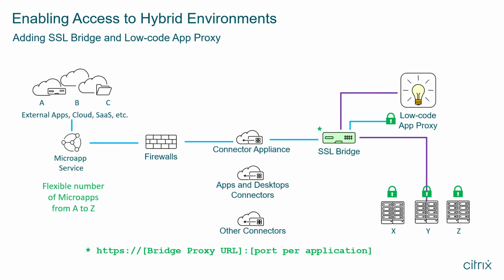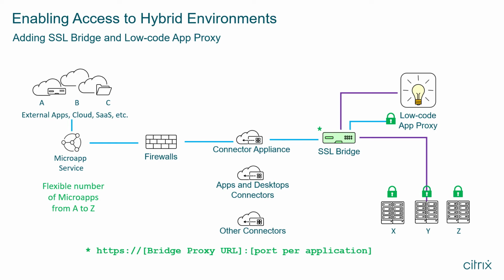Also, what's important here is this. When we communicate with other systems, we can configure the microapp in such a way that the microapp will be aware of the bridge proxy URL. So after all, the connector appliance does talk to that SSL bridge that has exposed that SSL certificate of a particular URL, right? But after the SSL bridge, that infrastructure becomes obscure to the microapps, and in fact, it can be obscure also to our proxy.